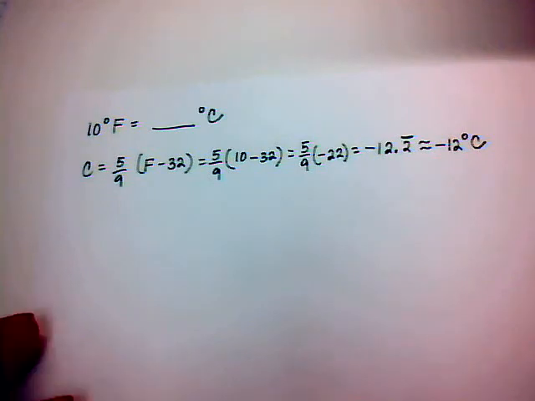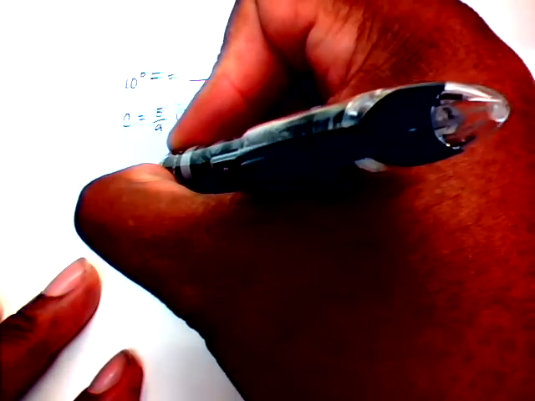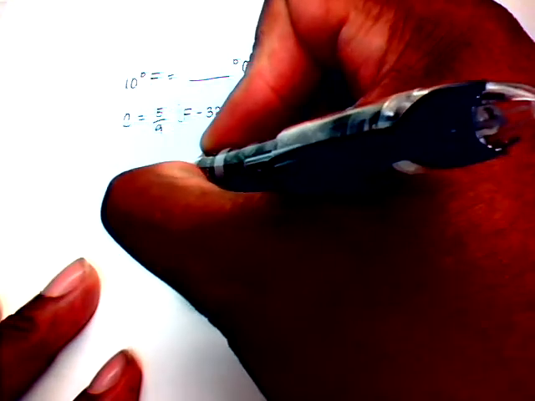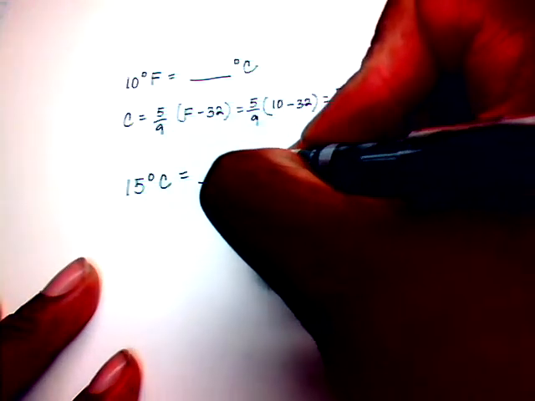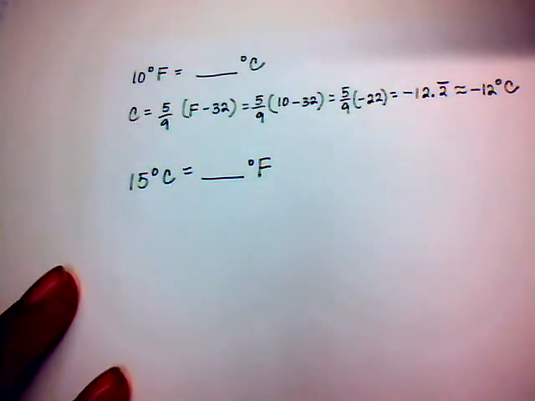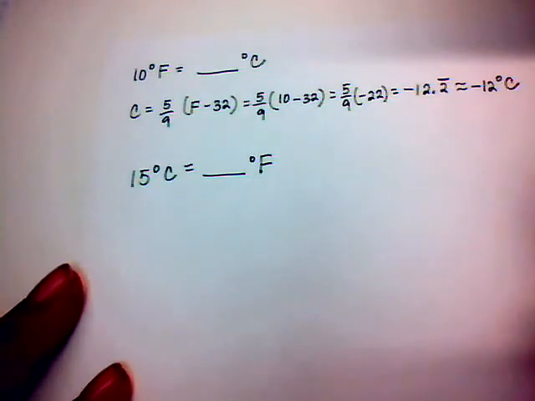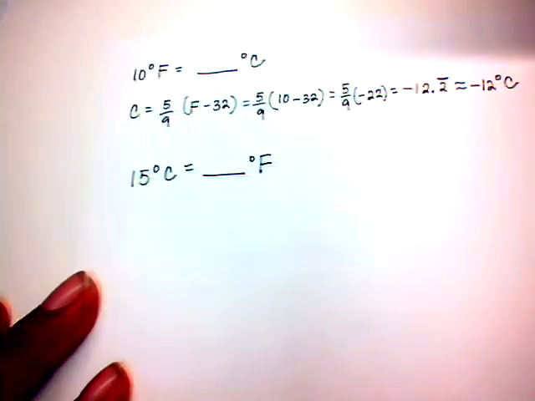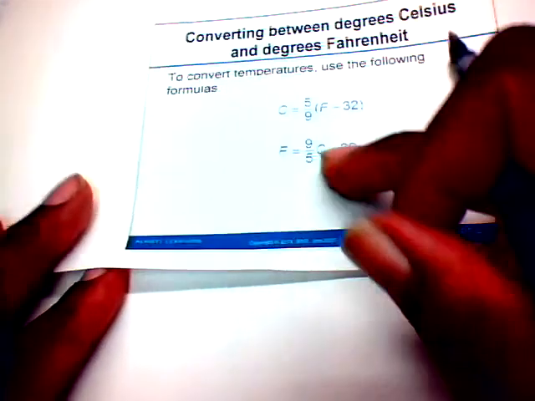Okay, now let's say I want to convert 15 degrees Celsius to degrees Fahrenheit. Now we have to use the second formula.